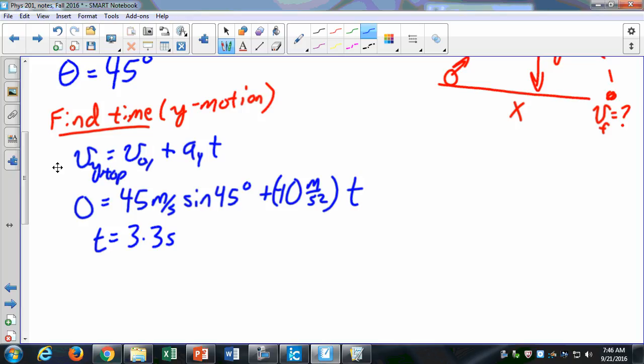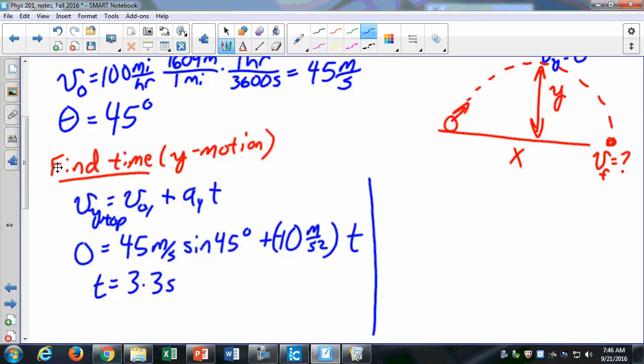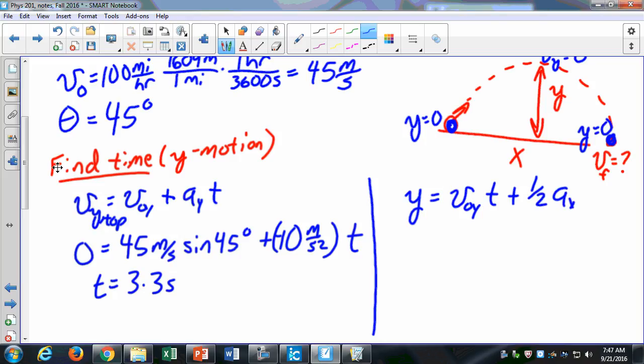Can I show you another way of doing this? Yes, I shall. Another way of doing this is, I know at this point that y is equal to 0. I also know at this point that y is equal to 0. So I can start with this, y is equal to v0y times t plus 1/2 ayt squared.